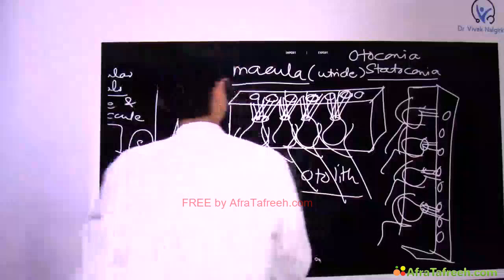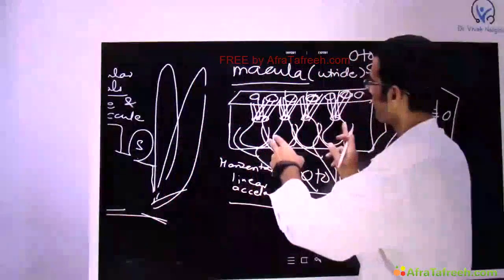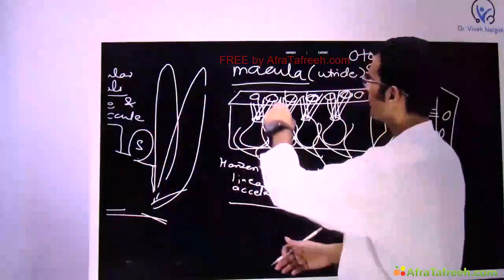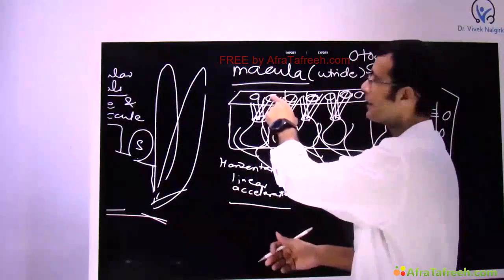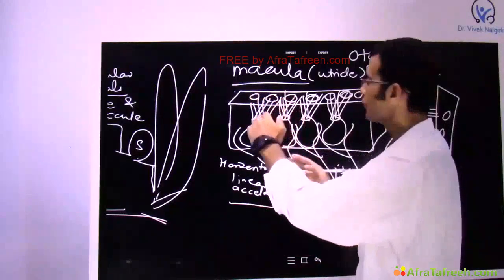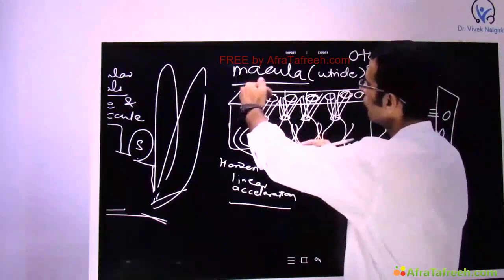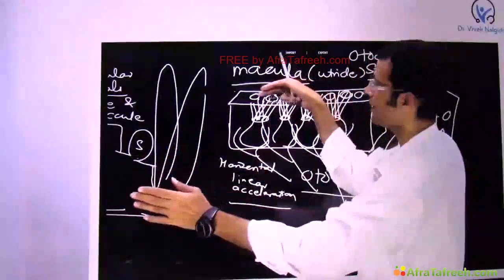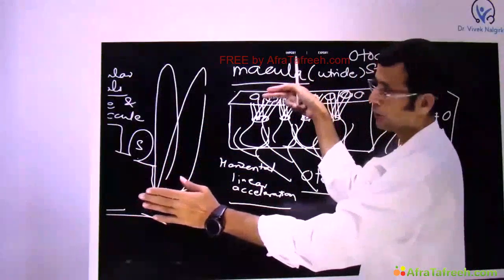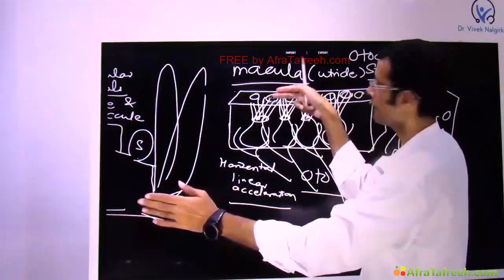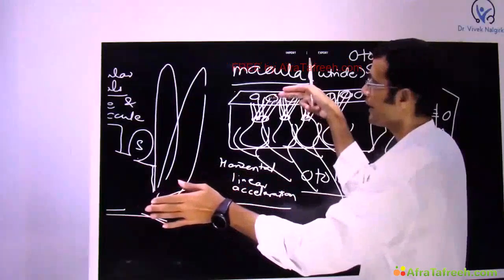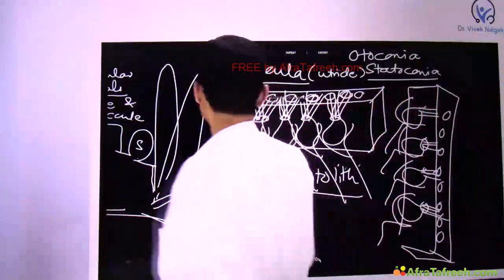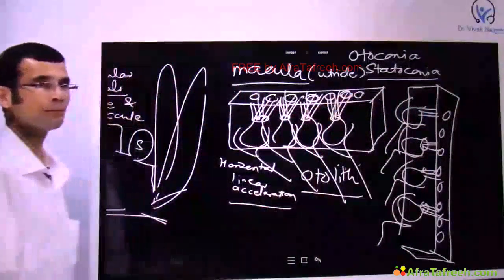So when the head is thrust forward, hair cells will move immediately, but those otoconia will not move immediately, and therefore it is a relative opposite movement. Means as if the otoconia are going back. Actually the hair cell is moving forward and the otoconia are still, because they have high specific gravity. But this is taken as a relative opposite movement, as if otoconia are going back, and therefore there will be bending of the stereocilia.